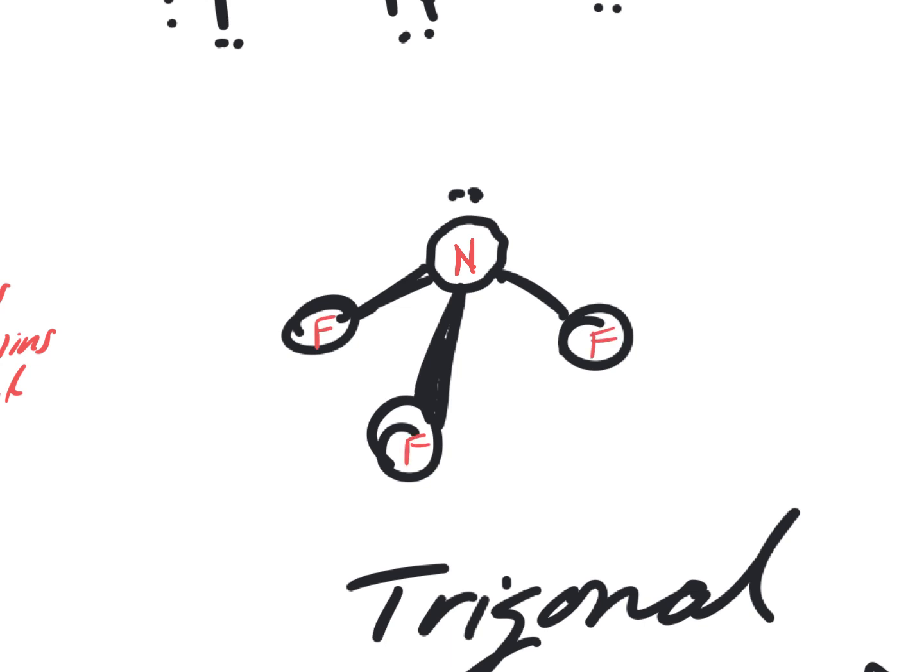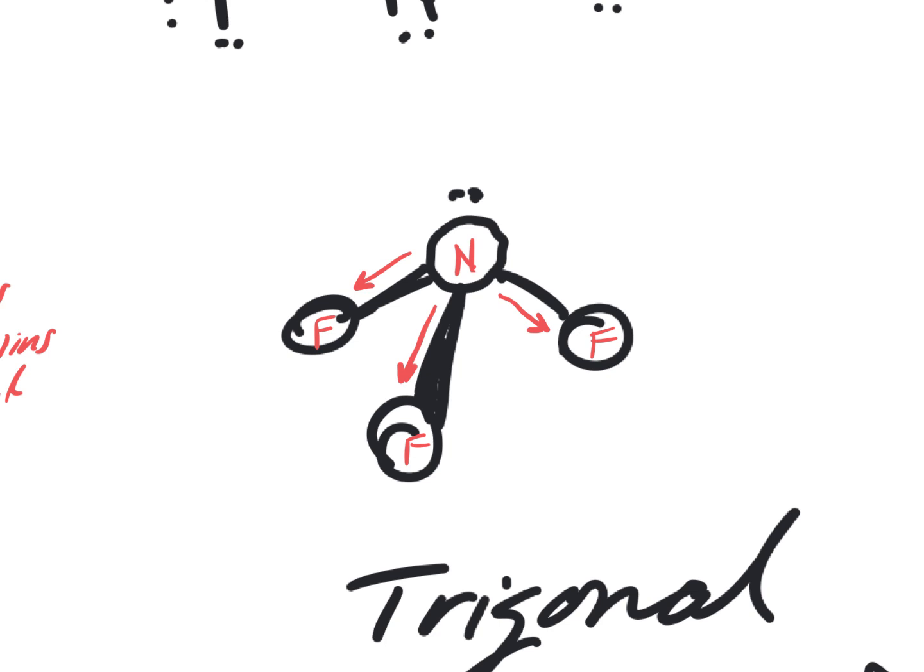Now, in this molecule, because fluorine is so strongly electronegative, we're going to have electrons being pulled toward the fluorine. But this structure is trigonal pyramidal. So imagine this. Let's go with yellow.